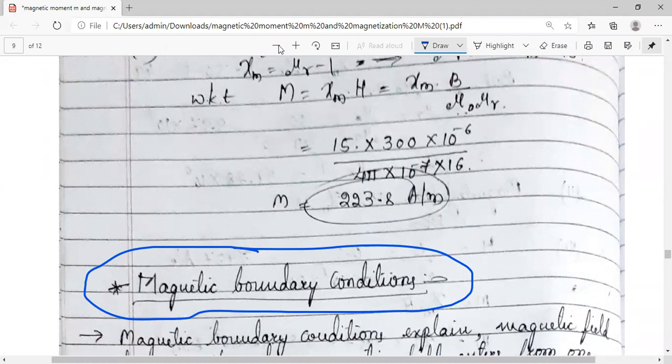Can anybody tell me where we have seen this boundary condition concept? Actually, we have seen the boundary condition while dealing with the uniqueness theorem. Okay, because at the boundary we consider some potential.